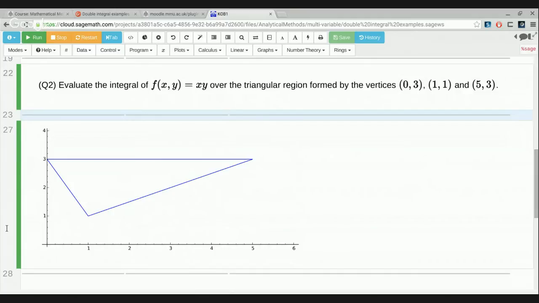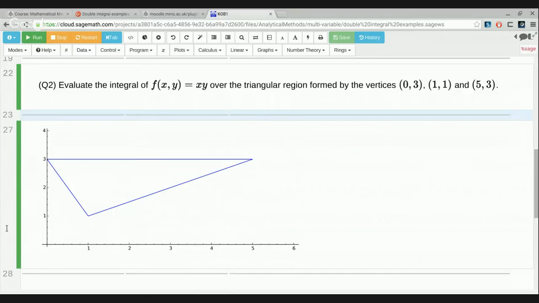And then for a typical value of y in that range, we want to integrate the x variable from this lower limit of x here up to that upper limit of x here. Okay. So those should be given to us from the boundary curves.